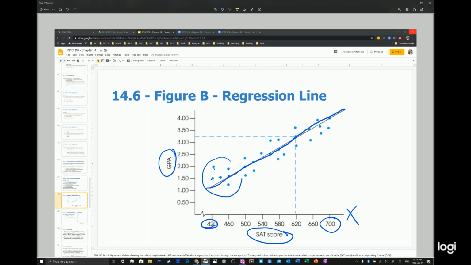It's like over here this much. And those that scored really well on the SAT tend to be scoring higher in their grades or GPA.